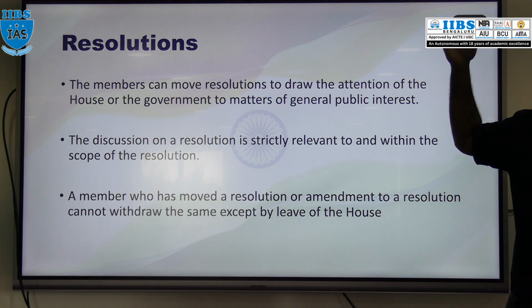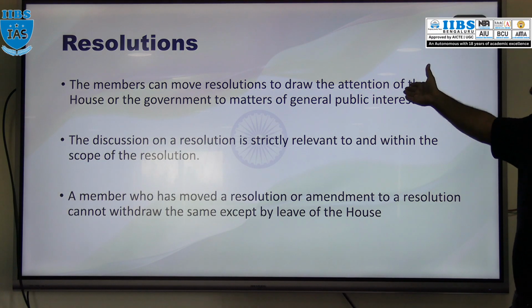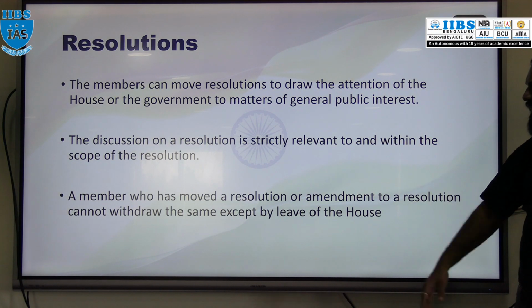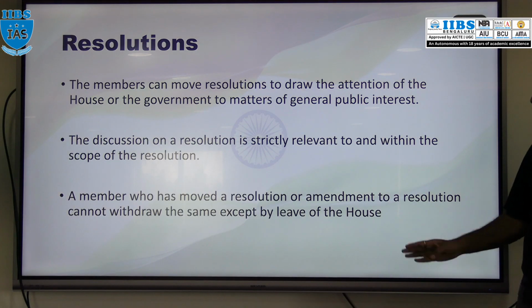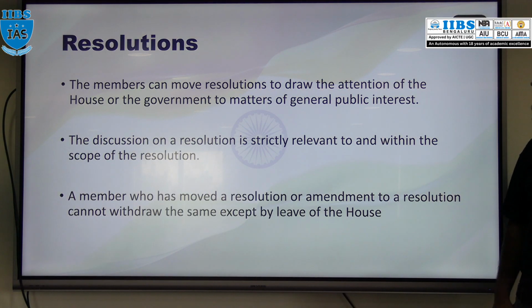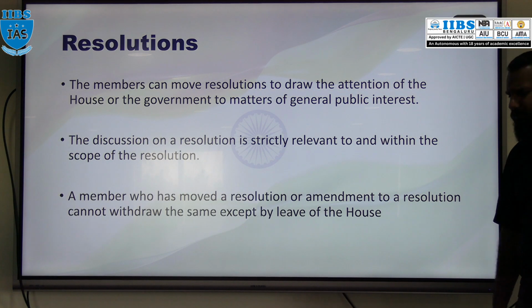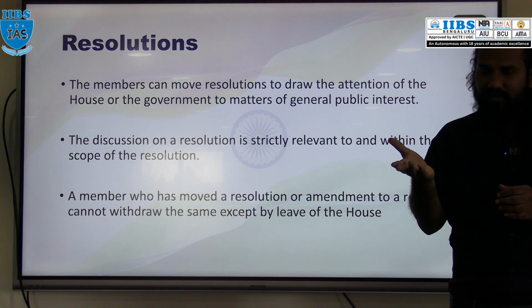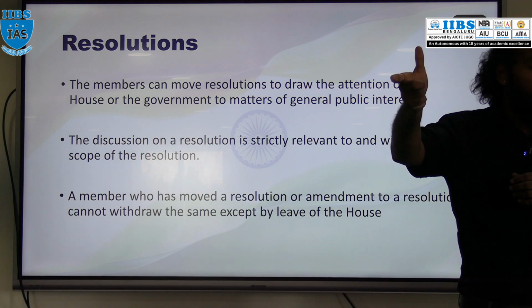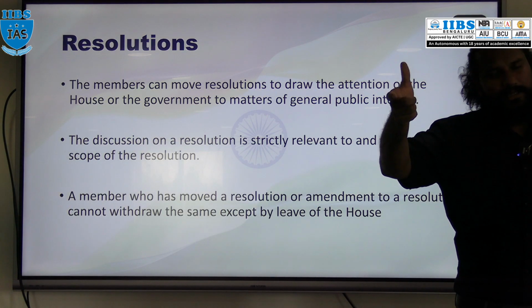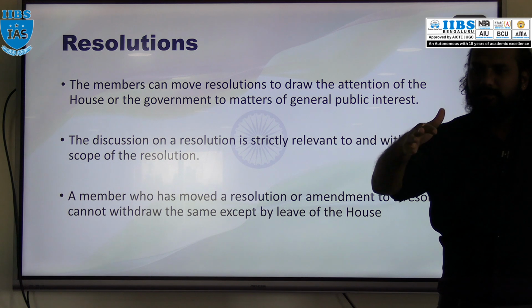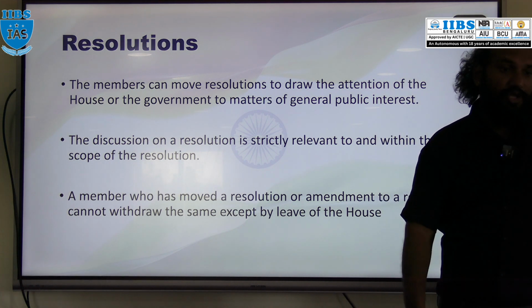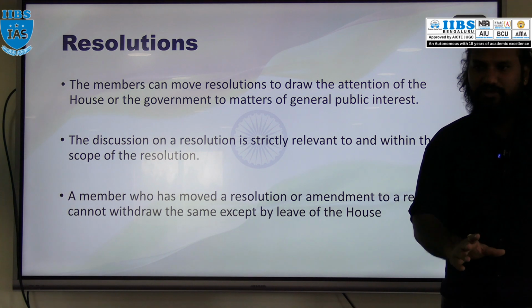That is mandatory. Next, a member who moves a resolution or an amendment to a resolution can withdraw the same. The same member of parliament can withdraw that resolution without the permission of the house.